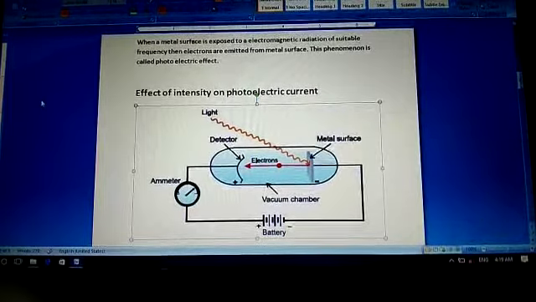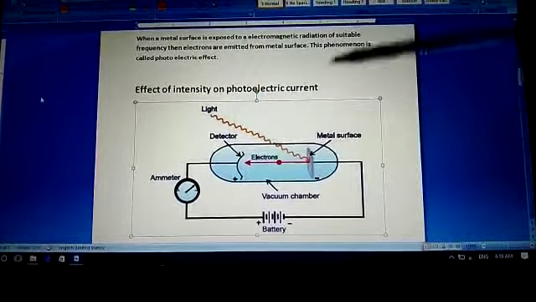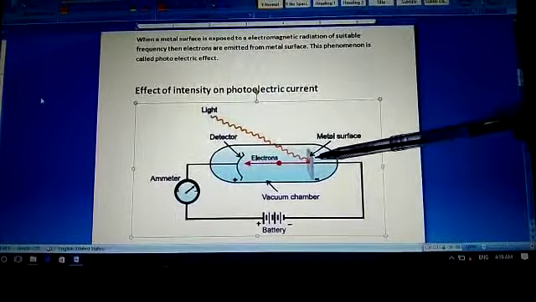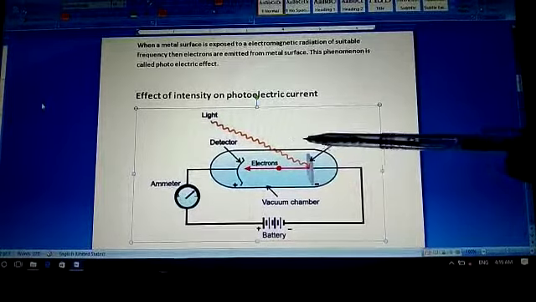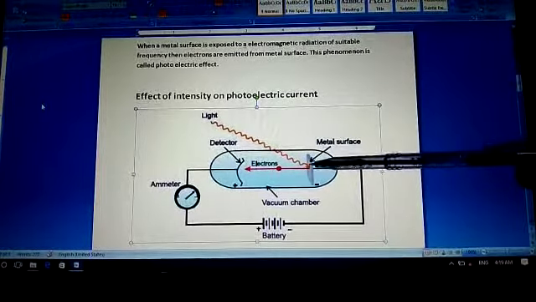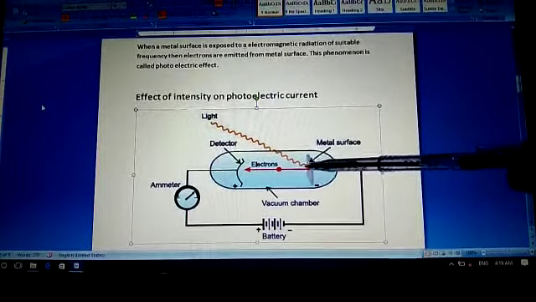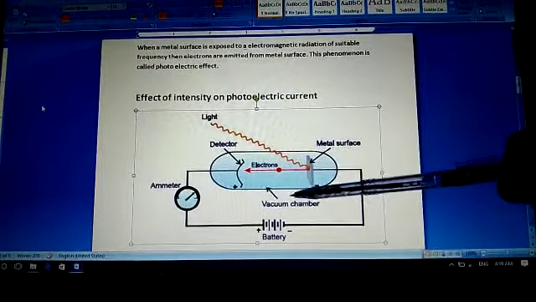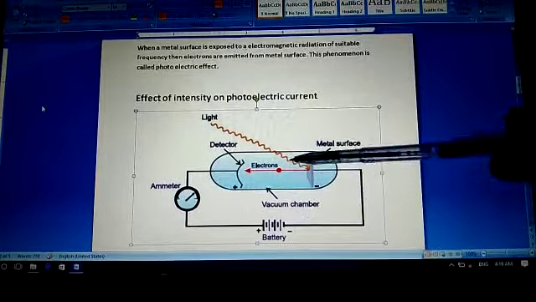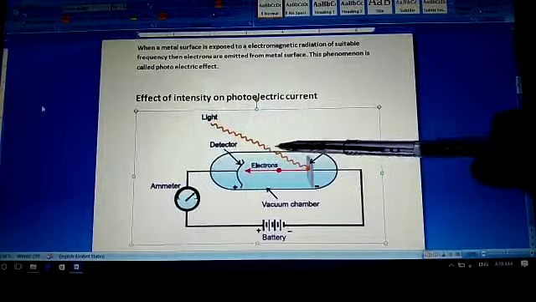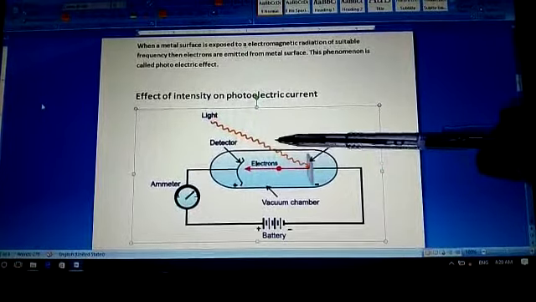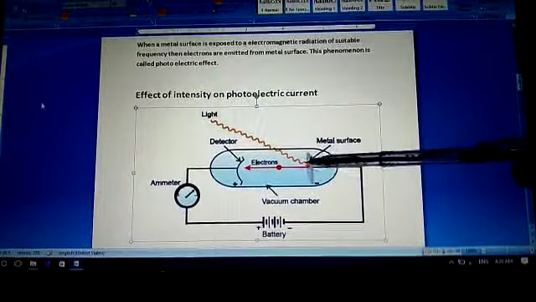When the intensity of light falling on a metallic surface increases, the current inside the circuit increases. The current is directly related to the intensity of the light.